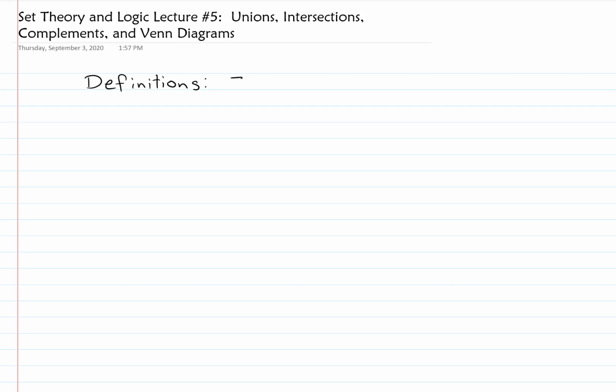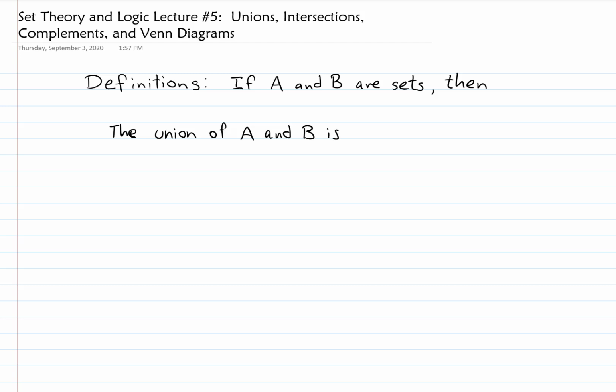Okay, if A and B are sets, then the union of A and B is, so first of all we write it this way, A and then this kind of like U symbol, B, and here's what it is.